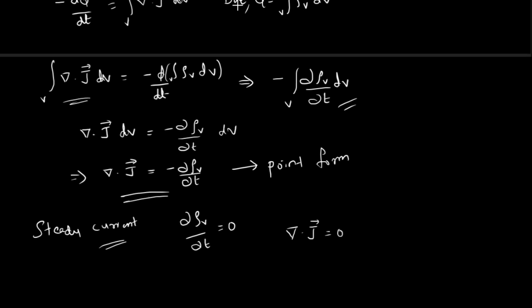It is also good to understand that the current we are talking about is convection current and it varies with time, and in case it is not varying with time we call it steady current, and in such cases del dot J will be equal to 0. So the continuity equation becomes 0. The divergence of current density will become 0.